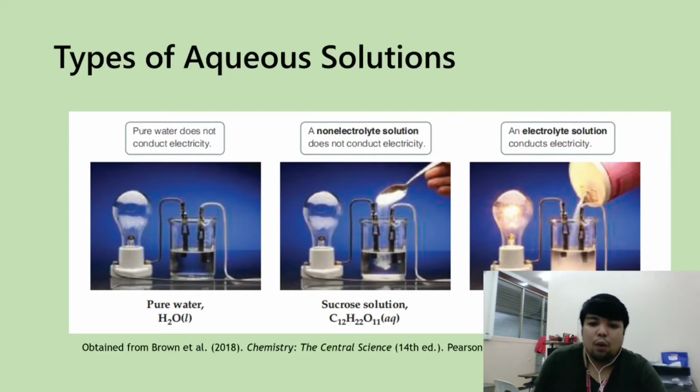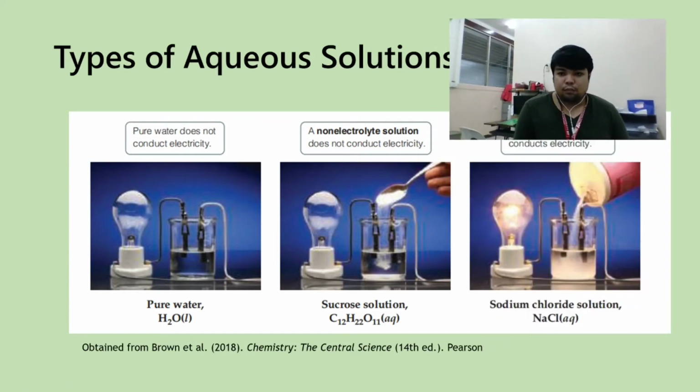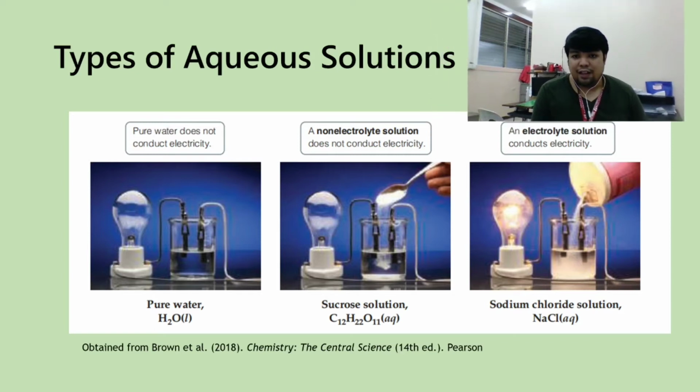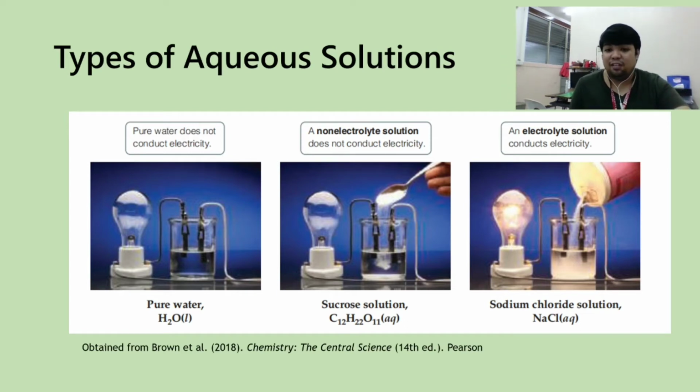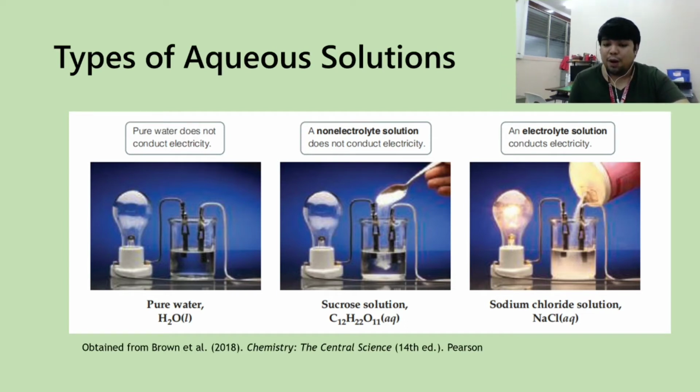Now, we will see there in our slide that an electrolyte solution conducts electricity. So, for example, we have a light bulb here that is connected to a power source, and the presence of the ions in the water will make a closed circuit, thus lighting the light bulb.